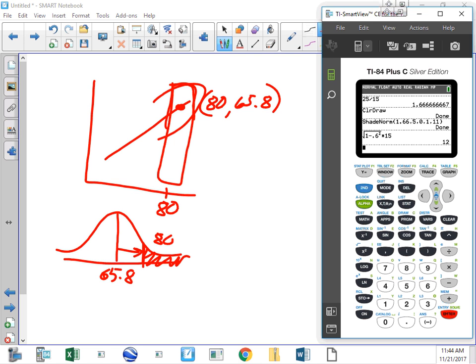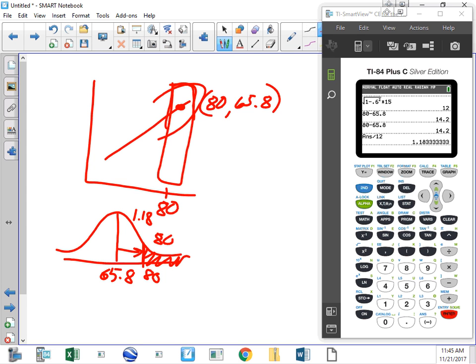Okay, so how far is it from 65.8 to 80? 80 minus 65.8 is 14.2. Divide that by the RMS error, so 1.18 SDs.